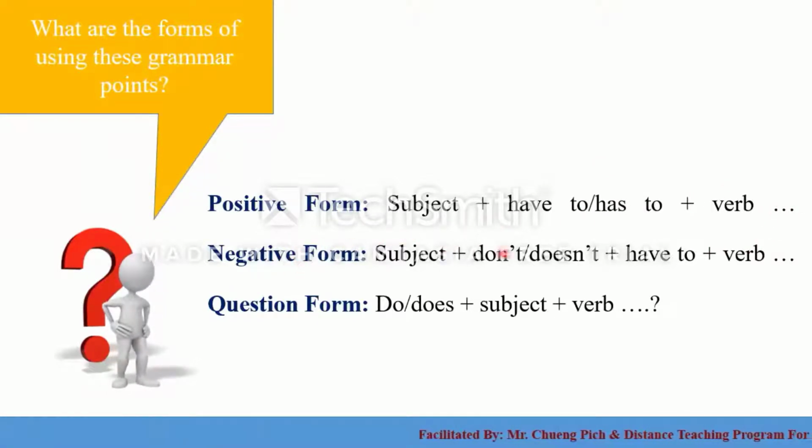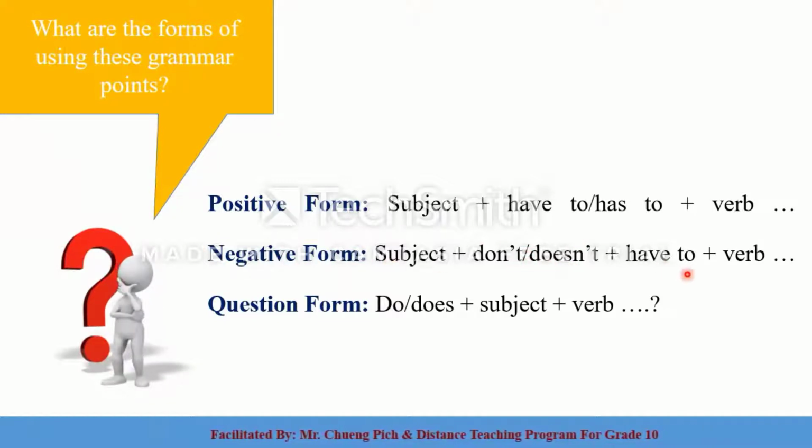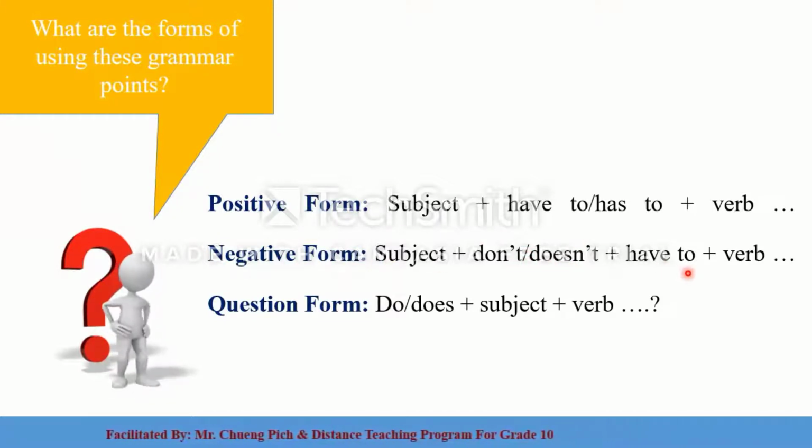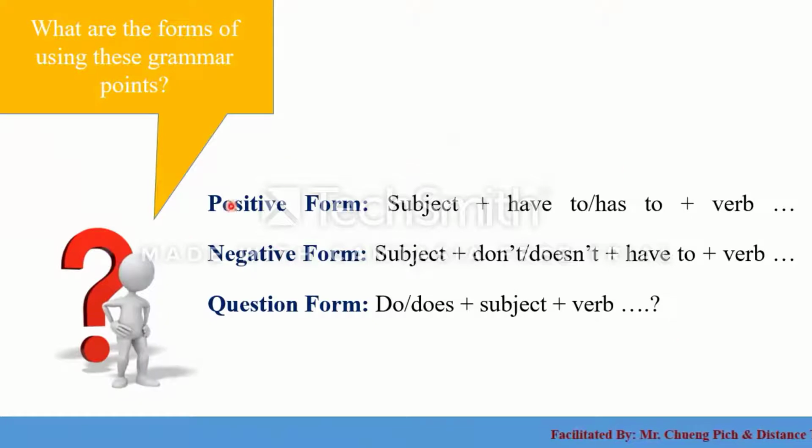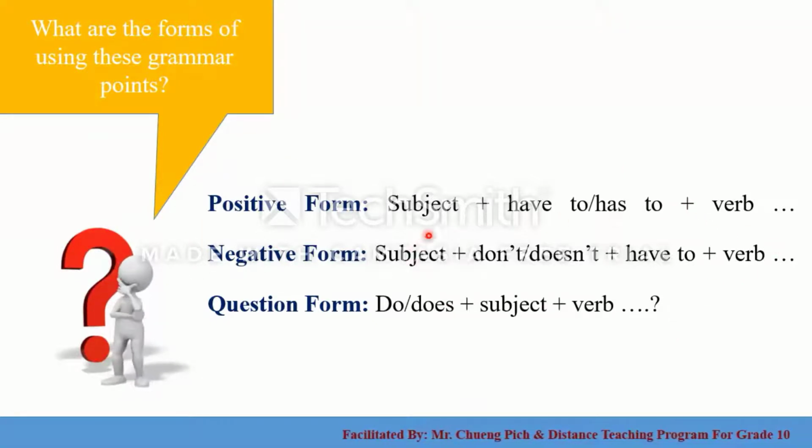If negative, we just add don't or doesn't after the subject, before the verb. So as you can see: subject plus don't or doesn't plus have to plus verb. For a question, we use do or does plus the subject plus verb, and we have a question mark at the end. So here are the three basic forms of using these phrases in English grammar.